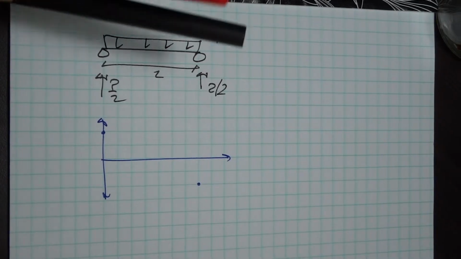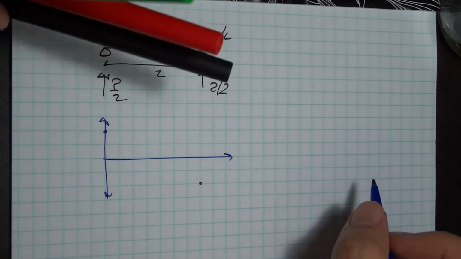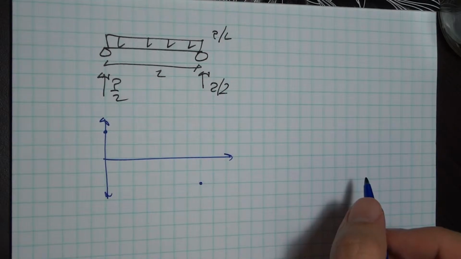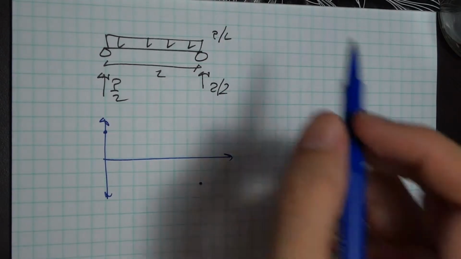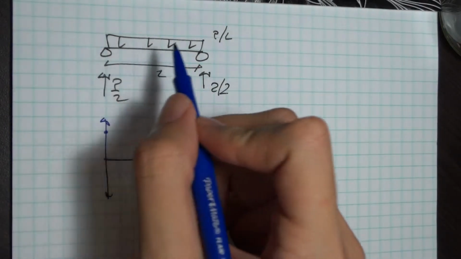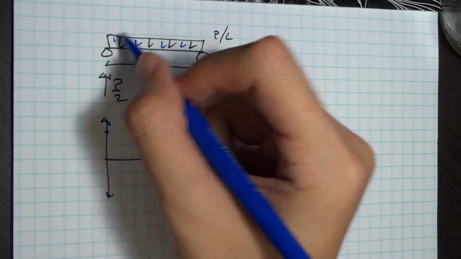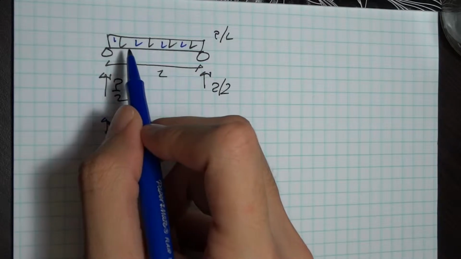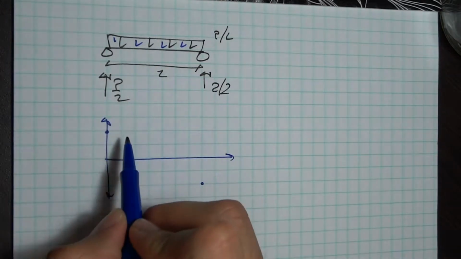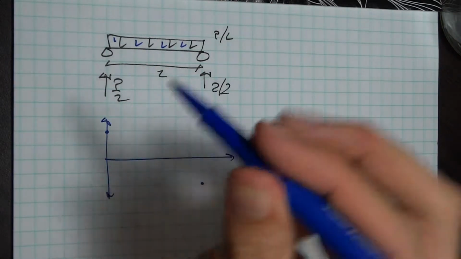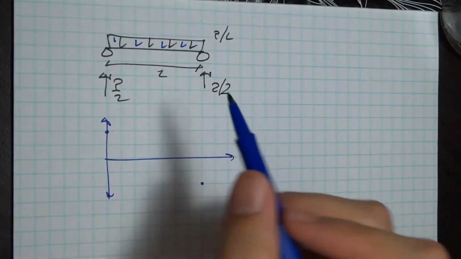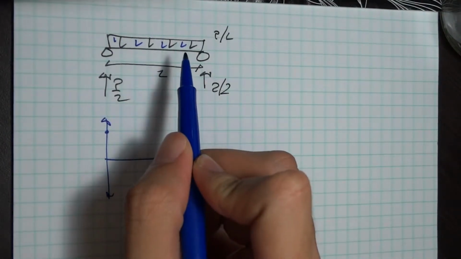You're like, okay, that's all fine. But then how do I connect these 2 points? Do you see that I have arrows going downward all the time, right? I have arrows that are constantly going downwards. For every tiny little bit that I go to the right along this beam, I have to go down by just a little bit. And the amount that I'm going down is constant, right?